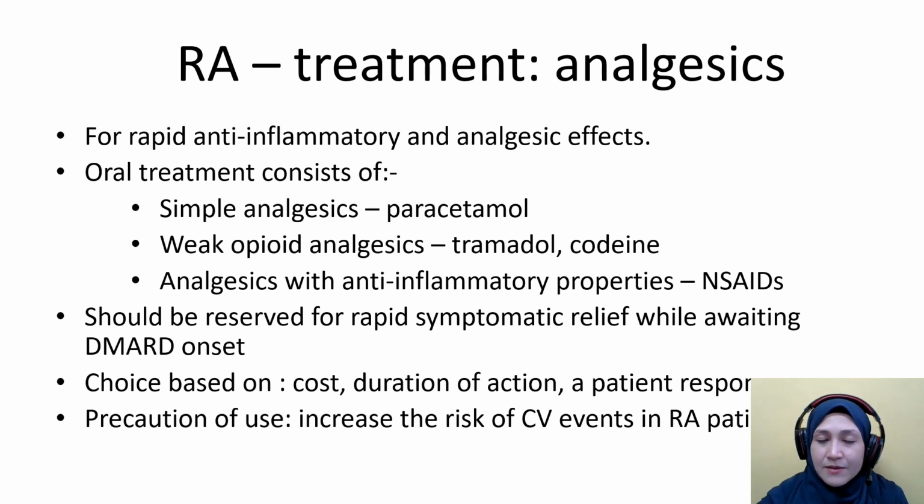So DMARD might take a while for it to have an effect for the patient. So while waiting for it to take effect, we can cover the inflammation and the pain with the simple analgesics or any analgesics. So the choice can be based on cost, duration, or patient response.